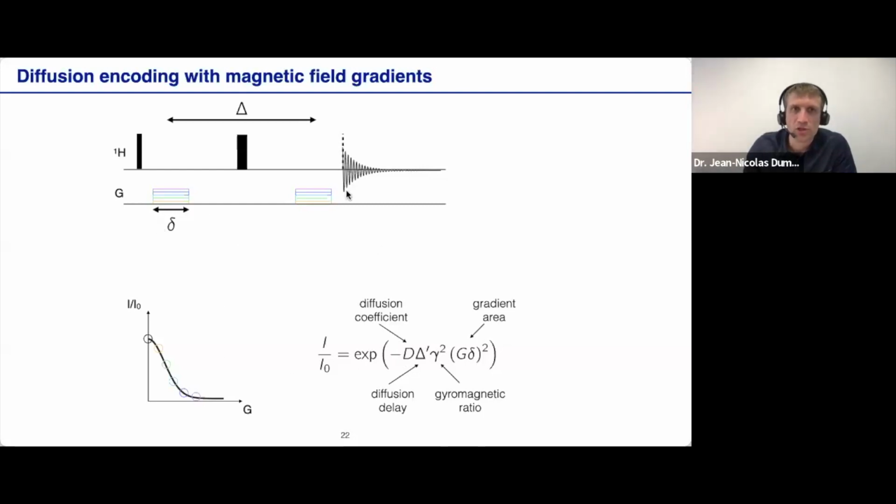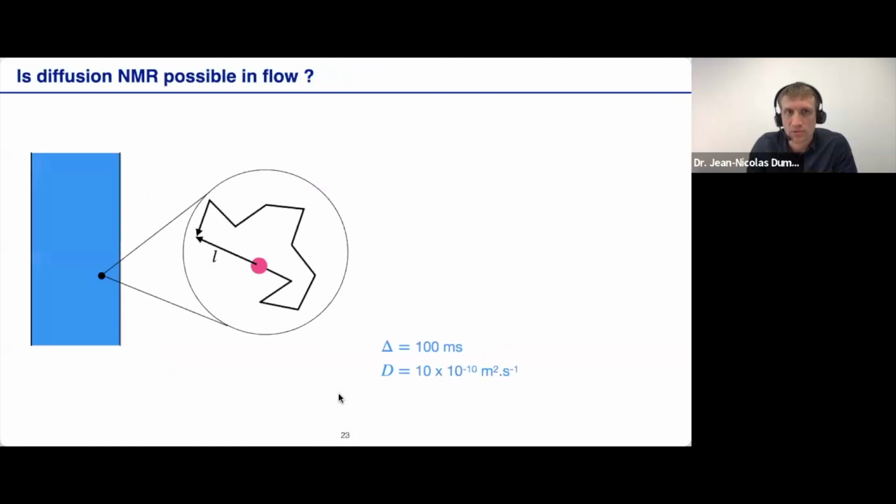So in diffusion NMR or DOSY, one will run a series of such diffusion-weighted spectra and fit the resulting data to recover the diffusion coefficient.